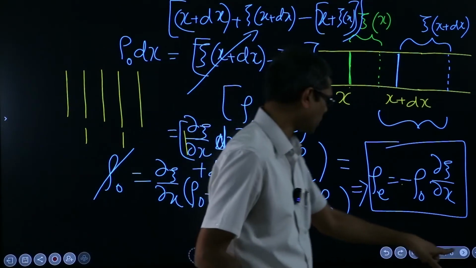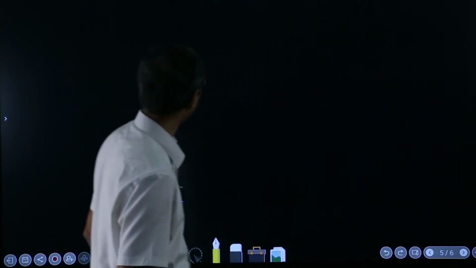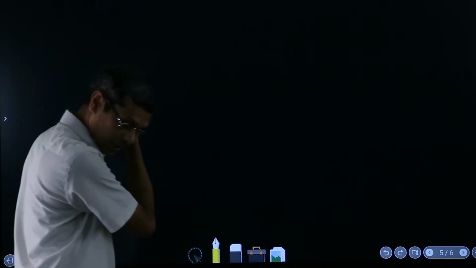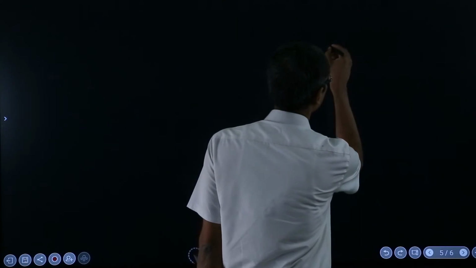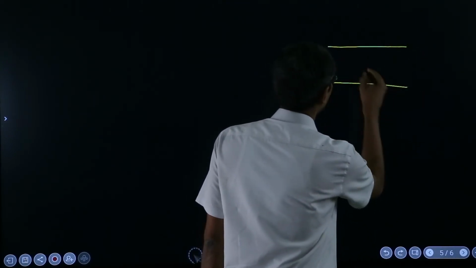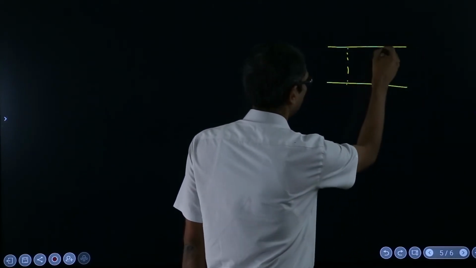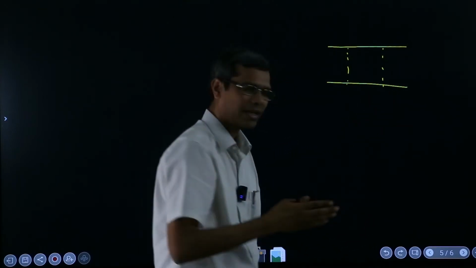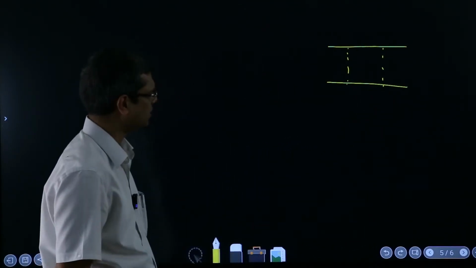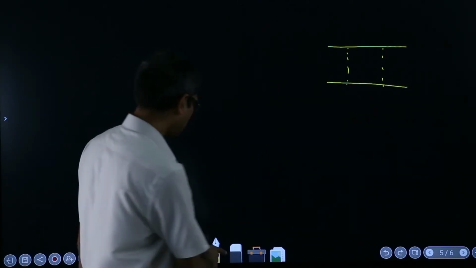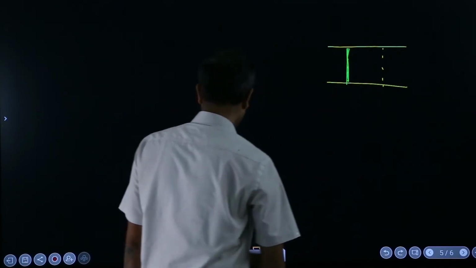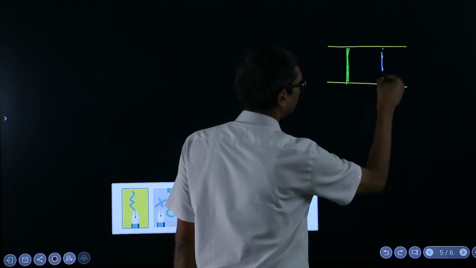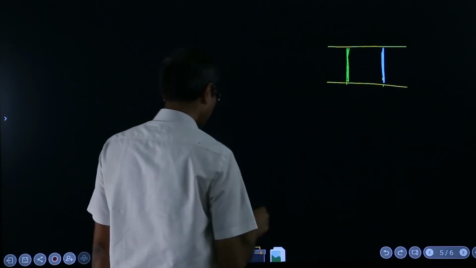And what about the third one? Now the third one, again, if we consider those x and x plus dx planes which we were talking about, one was green, the other one was blue, like that.